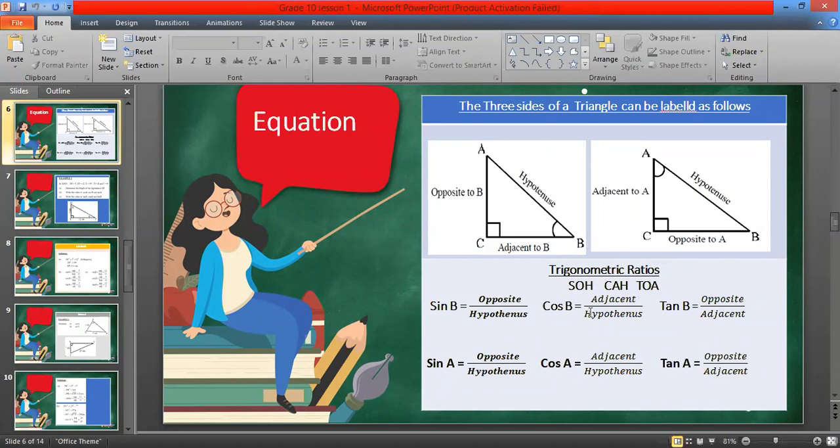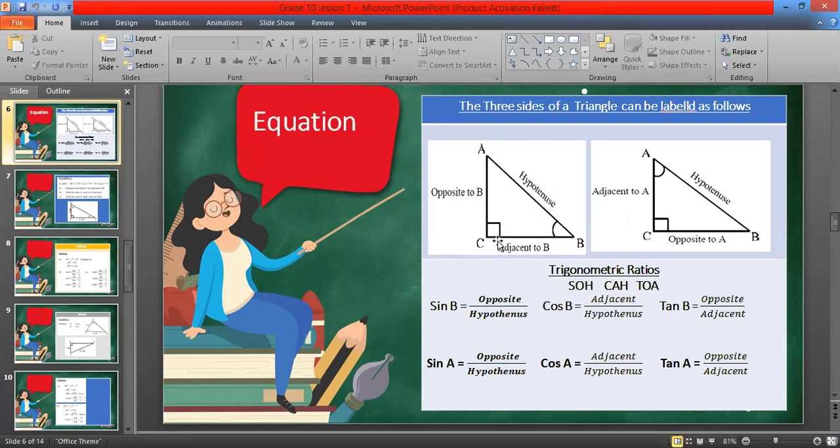Now from our triangle, our sine B is opposite over hypotenuse, that means AC over AB. Our cos B is adjacent over hypotenuse.